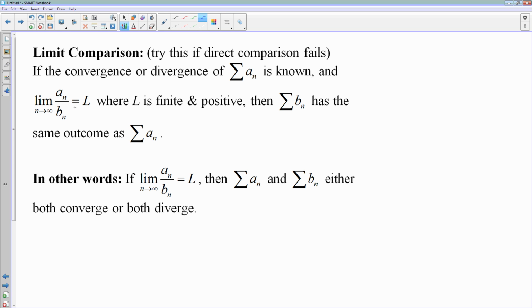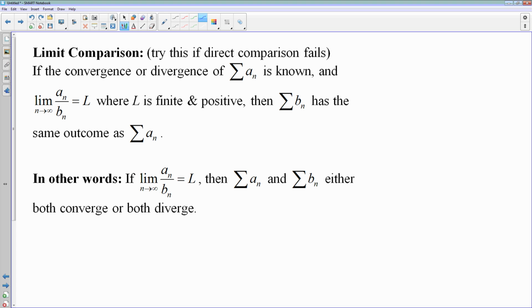And if you get a positive numerical answer, something that's finite, you don't get infinity, but if you get something like 1 or 7 or 2/3 or any positive finite number, then both series have the same behavior. They either both converge or both diverge. And that's what this little thing down here says. If the limit does equal L, then they both either converge or diverge.